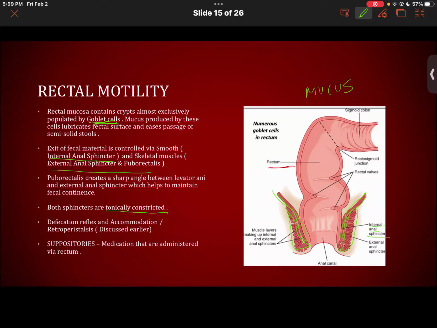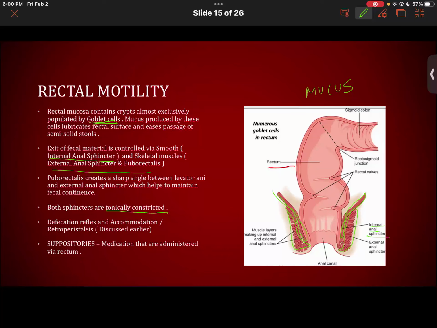In the resting state, they're always contracted until and unless a specific signal is given to them, which causes them to relax. This specific signal is the defecation reflex, which we'll study after this. There's a whole slide for the defecation reflex.